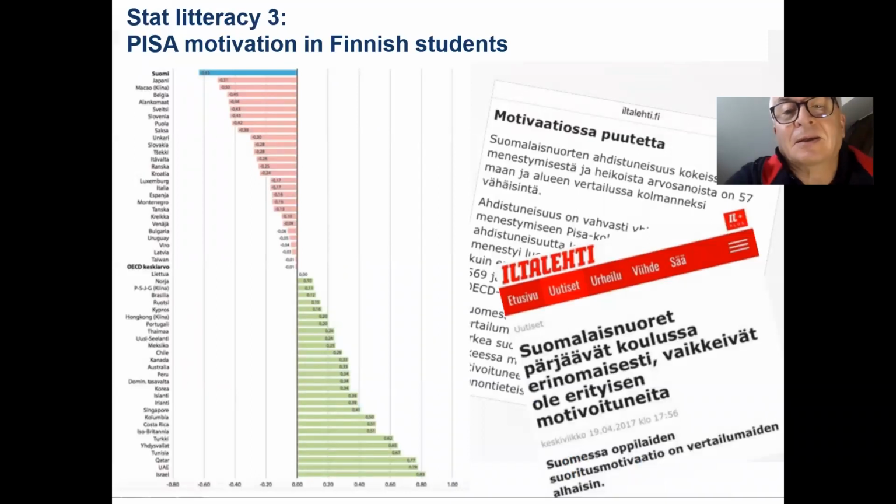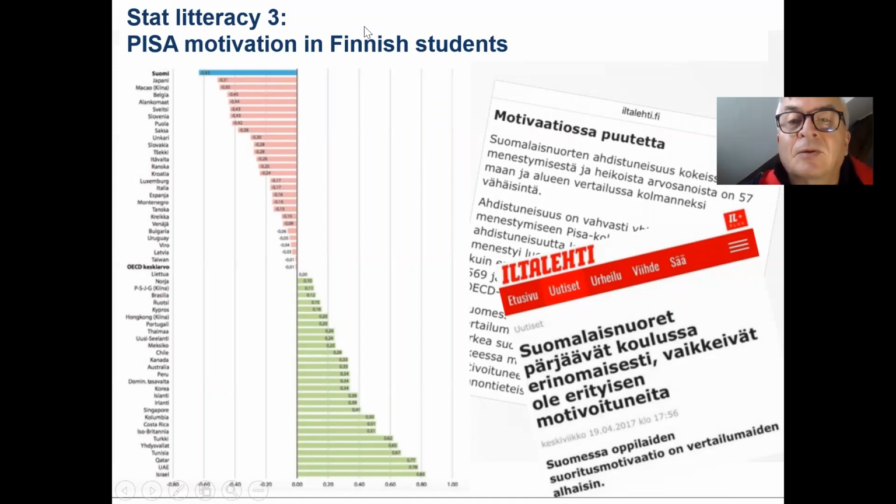Okay, sorry, these are articles just to show you that the media is hot on these topics. More of statistical literacy. We have PISA motivation in Finnish students. And here again, this is the OECD average, Israel over here, strong motivation, very low motivation.